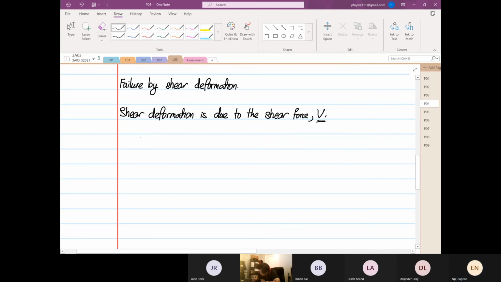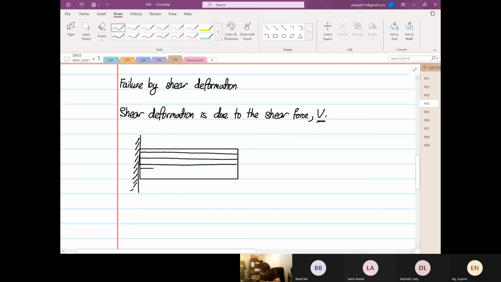Now I want you to watch this. Over here, I'm drawing a cantilever beam. I'm going to build this cantilever beam with layers. And then we have a line over here.